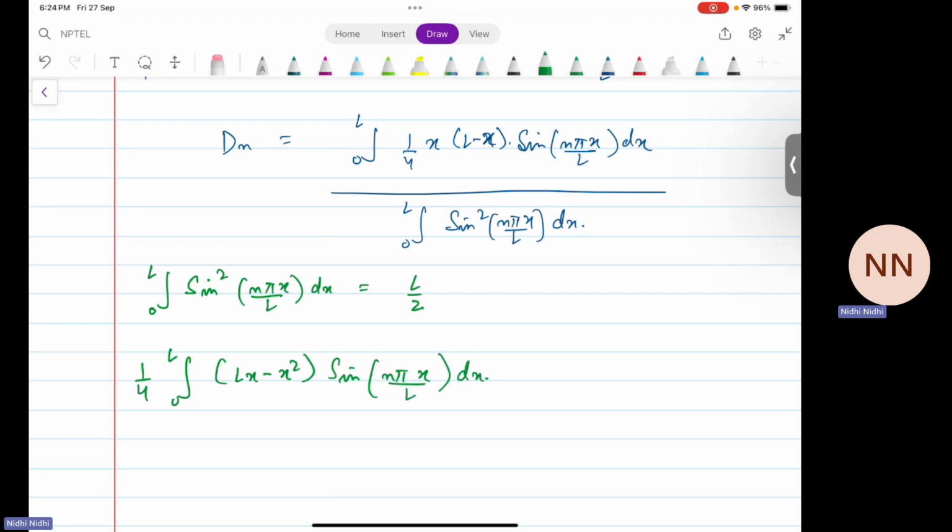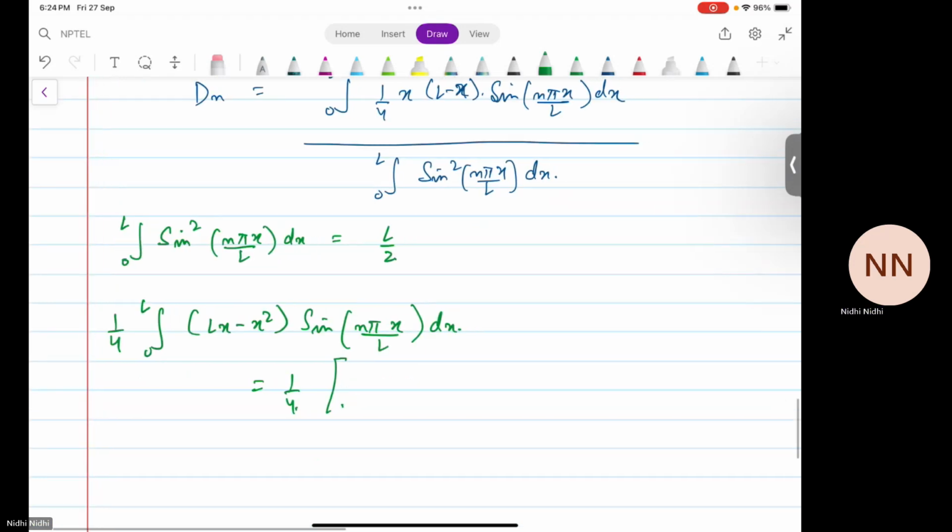We'll be using integration by parts to integrate it. So this is 1/4 times (Lx minus x square) as it is.